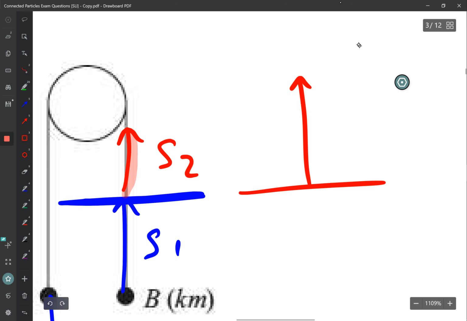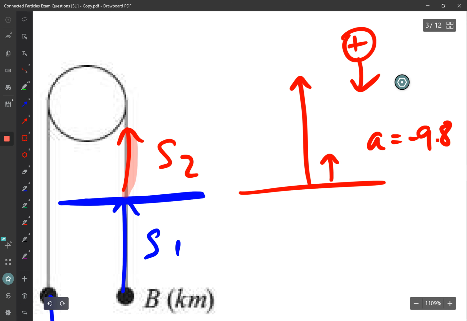So if up is positive, we can say it's moving up with an acceleration of negative 9.8. The initial velocity is going to be the final velocity of S1. We'll get to that. Final velocity is going to be 0 because then it's going to come back down again. And S2 is just the distance traveled.